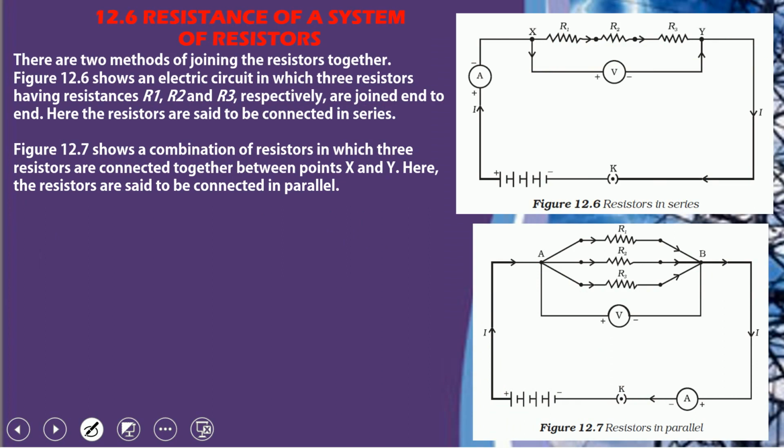Here is the resistance of a system of resistors. This is also a very important concern. A system of resistors means that when resistances are connected, each has some resistance value. A wire of a particular length may have 10 ohm, some may have 2 ohm, some 3 ohm.